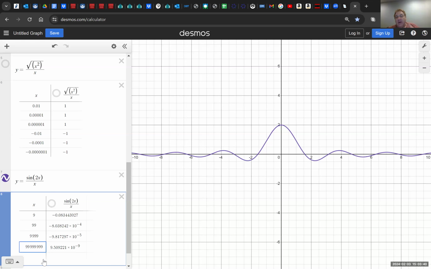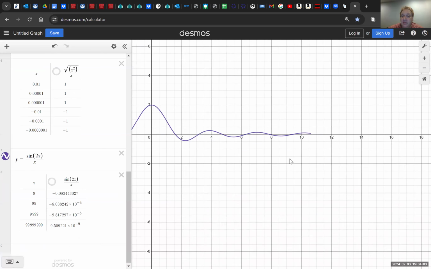So you might see that these numbers are getting closer and closer to 0.000000 with a whole bunch of zeros, an infinite number of zeros, and then some digit after that. So what kind of number is 0.000000000009? That number is super, super close to zero.